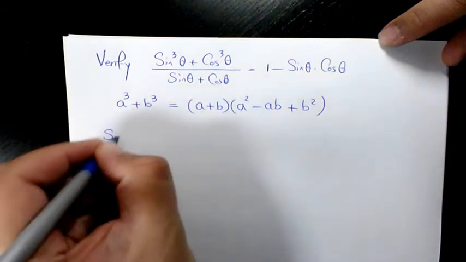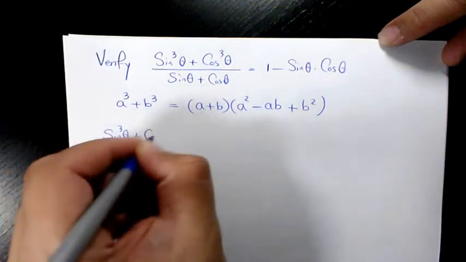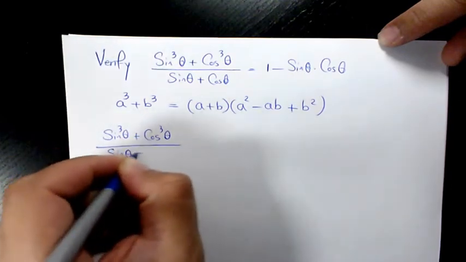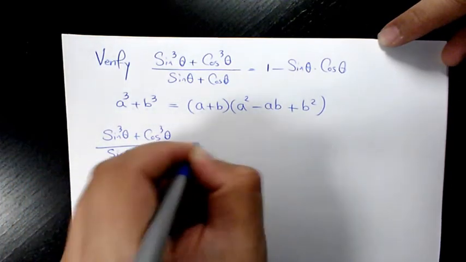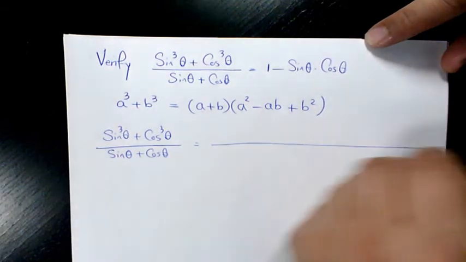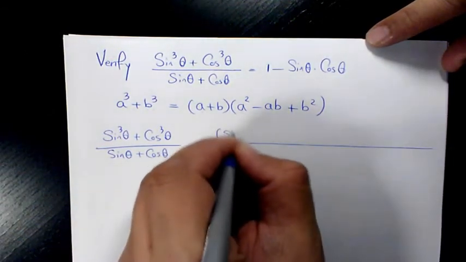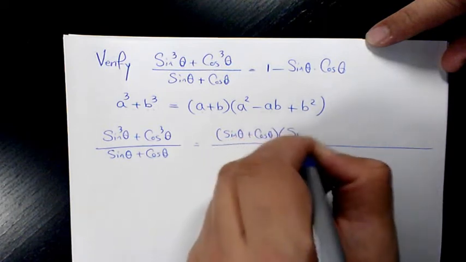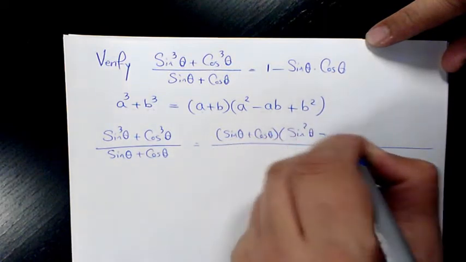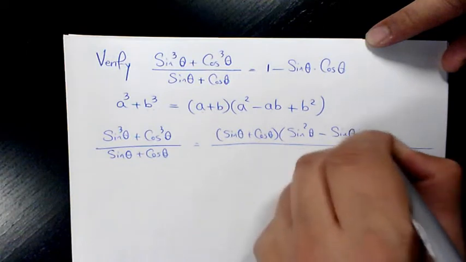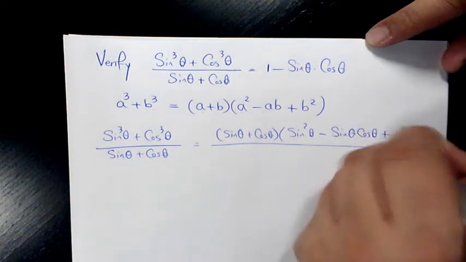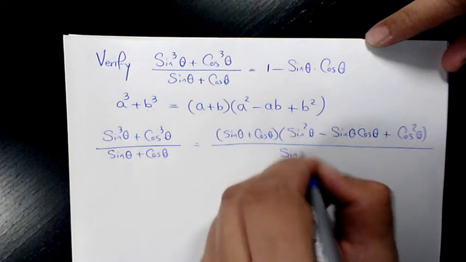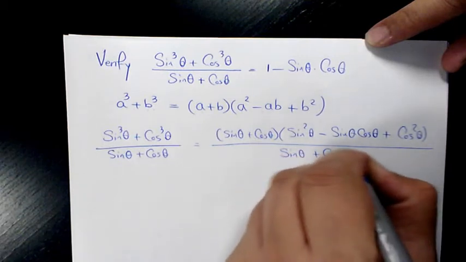So then we have sine cube theta plus cosine cube theta over sine theta plus cosine theta. That's going to be sine theta plus cosine theta times sine squared theta minus sine theta cosine theta plus cosine squared theta, over sine theta plus cosine theta.